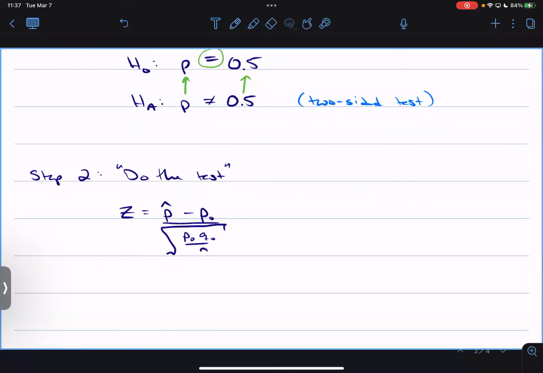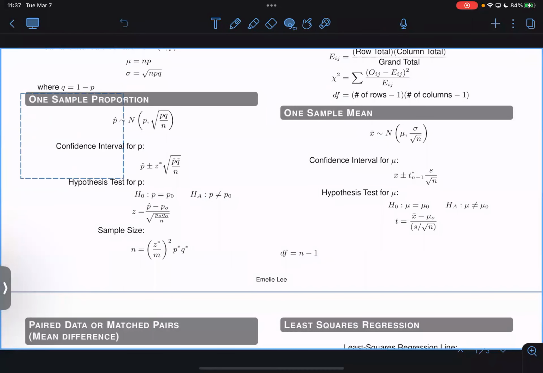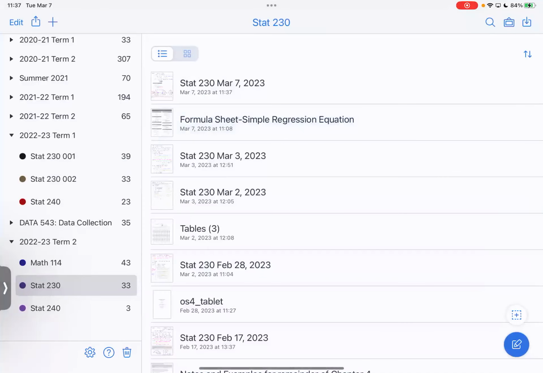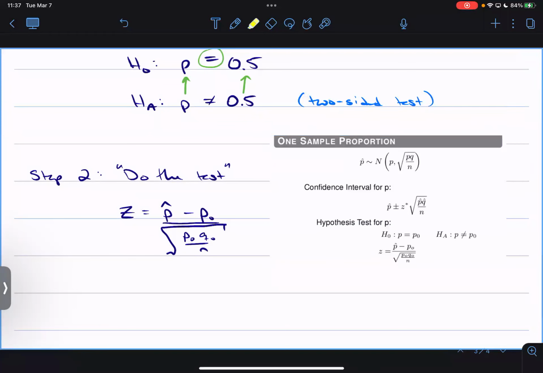And that's from your formula sheet. Let's see here. Just bring that in. It's a little small on there, but it's okay.